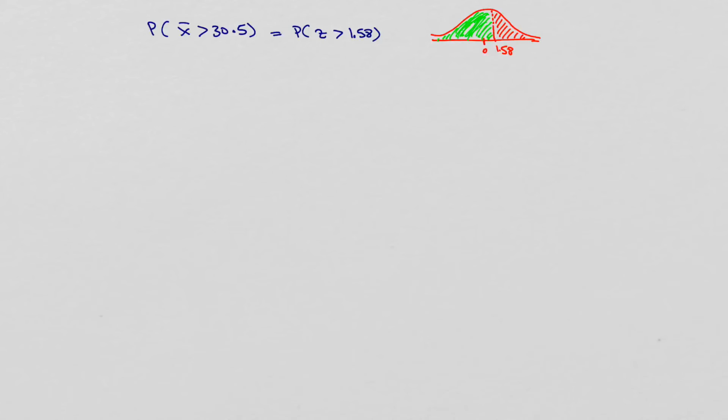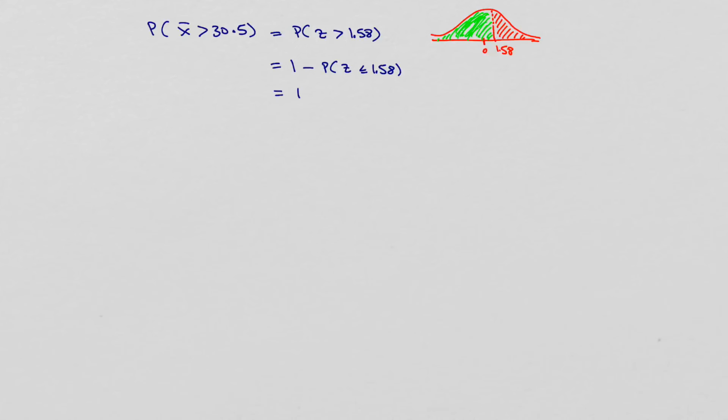So if I get 1 minus the green area, the probability that z is less than 1.58, I get the red area. Let's write that down. The probability that z is greater than 1.58 is the same as 1 minus the probability that z is less than or equal to 1.58.